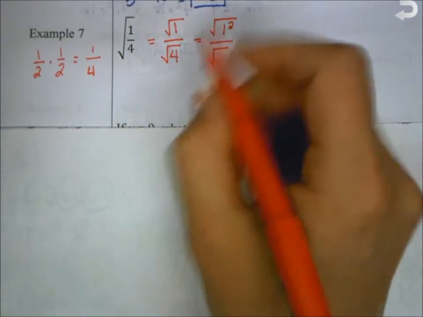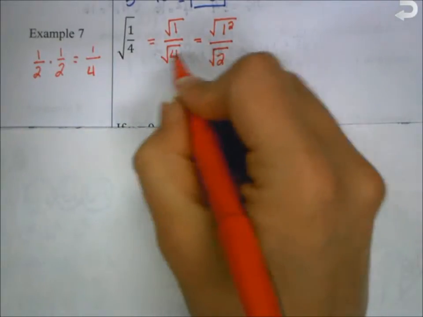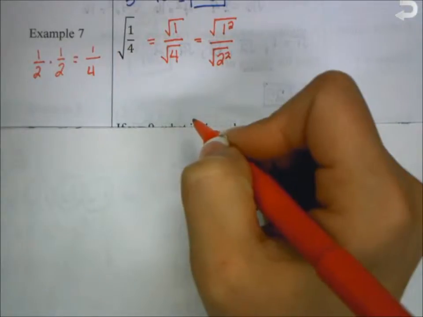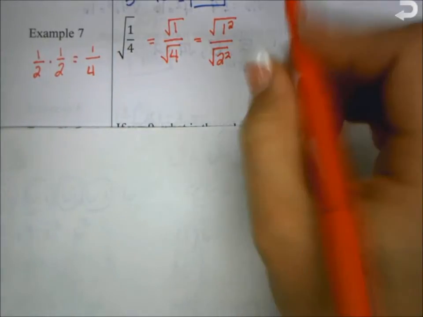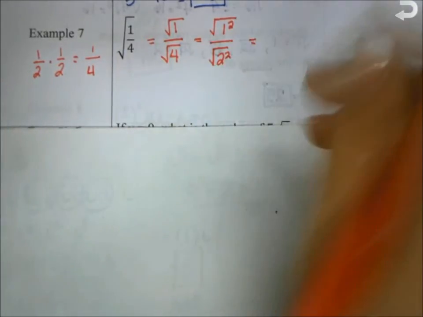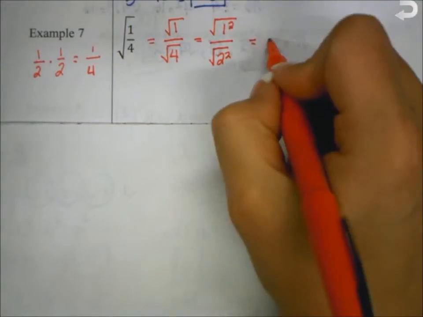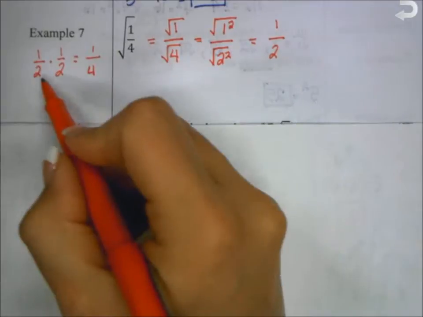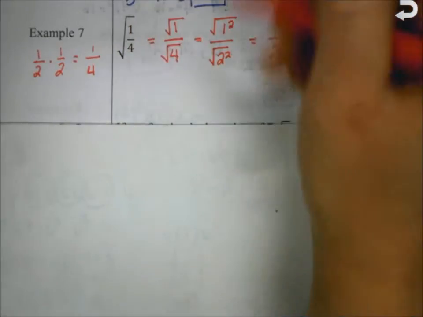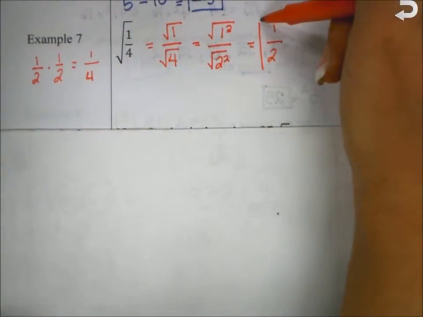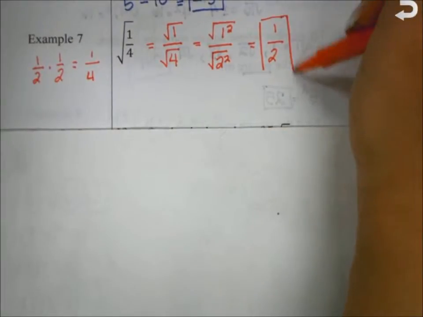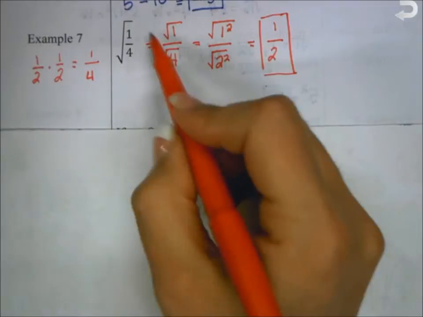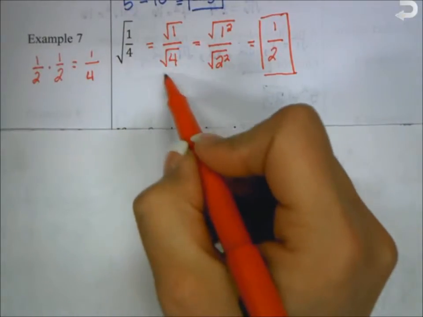Those square roots and squares are going to cancel each other out, so what will I be left with? 1/2, which is what we got in the beginning, right? So if we have a big square root, we want to break it up. We take the square root of the numerator and the square root of the denominator. This is going to help us later in Algebra 1 when our square roots are not always perfect squares. Okay?